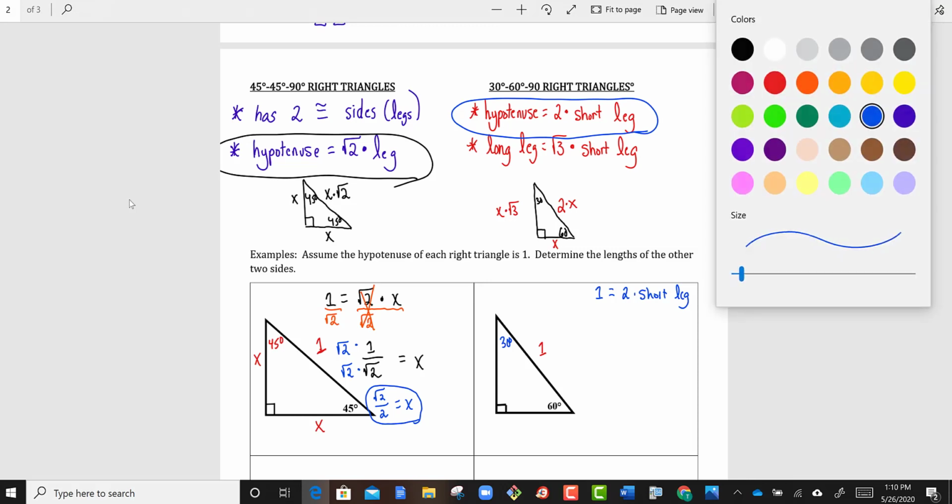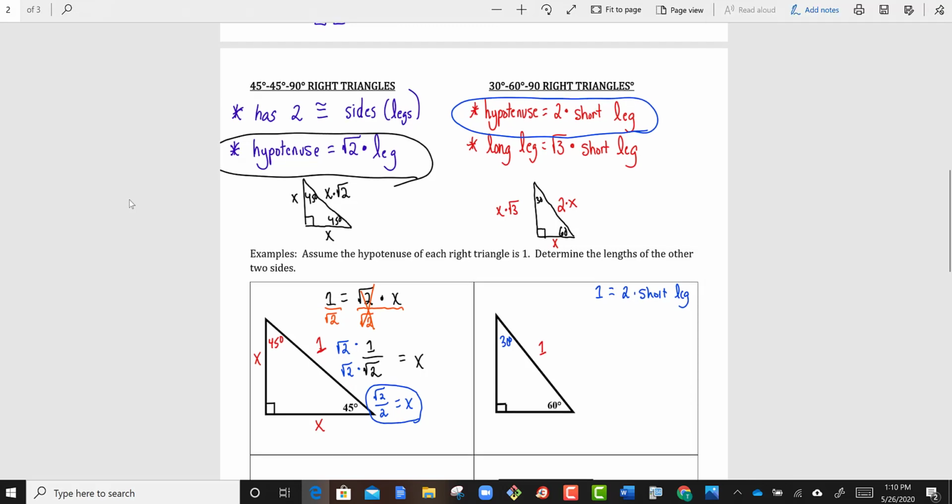So to do that, divide both sides by 2. Since there's no radicals in this answer, we know the short leg is immediately 1/2. So that goes opposite the smallest angle of 30 degrees.